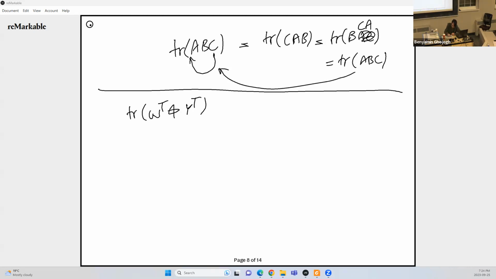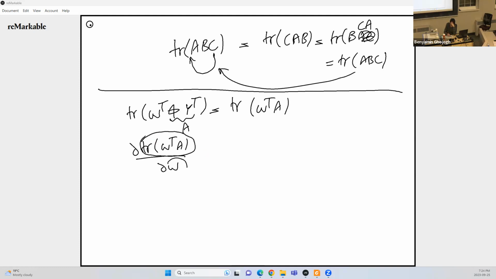Let's name this matrix A: trace of W transpose A. So the derivative of this with respect to W: we know that this is a scalar and W is a matrix, so the derivative of a scalar with respect to a matrix is a matrix.